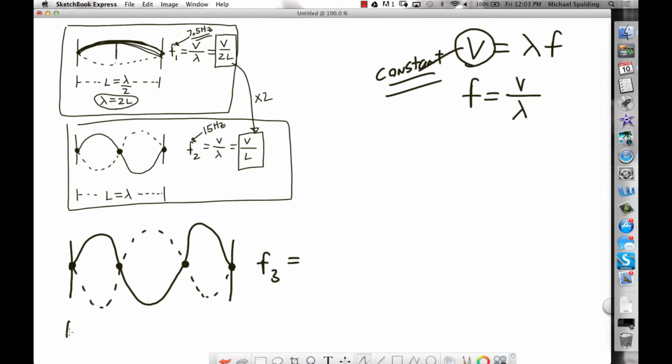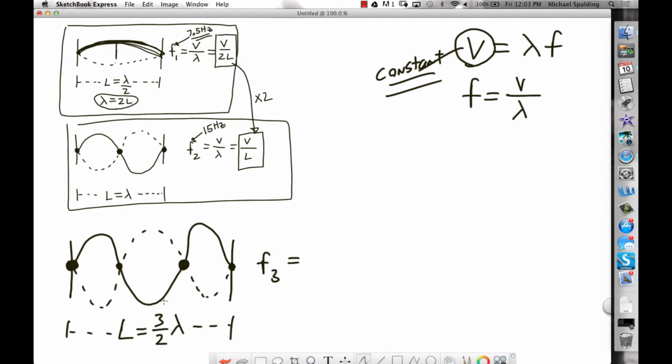Now, the length of the string is L. How many wavelengths are in there now? From here to there, that's 1 wavelength plus half a wavelength. So how many wavelengths are in here? 1.5, 3 over 2, right?